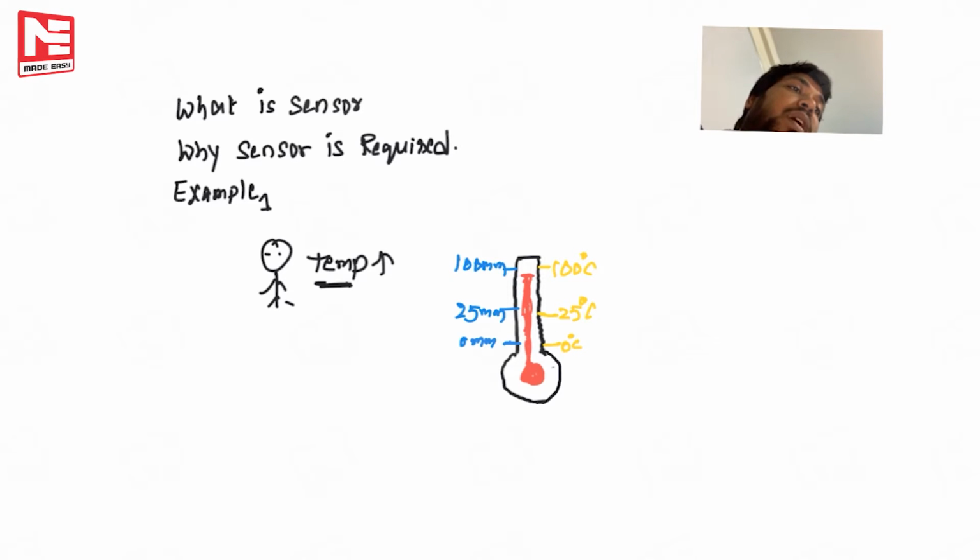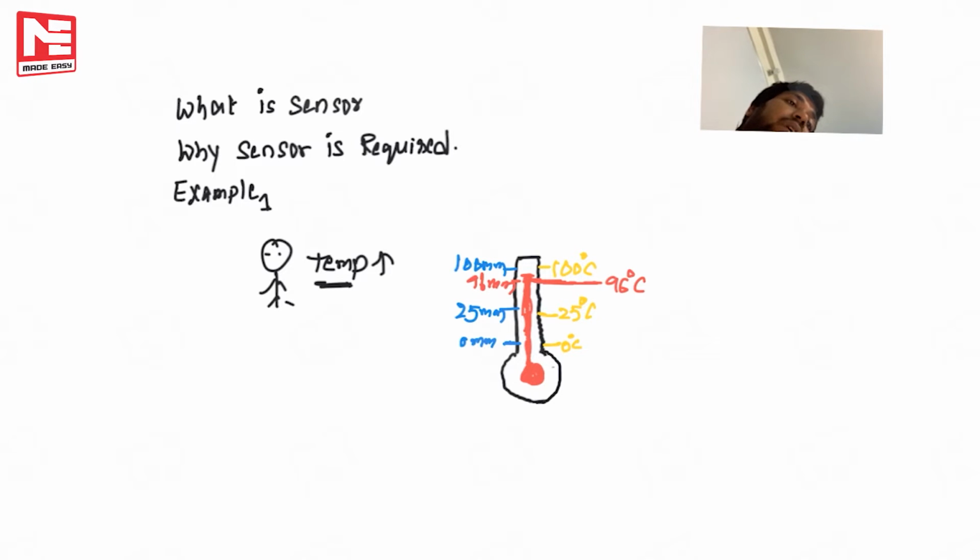Suppose the mercury column stops exactly here, then we take this reading on the glass bulb. On this side it might indicate 96 degrees centigrade, and on this side, 96 mm, right?